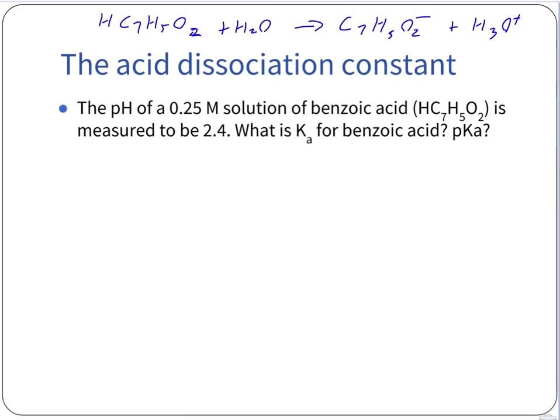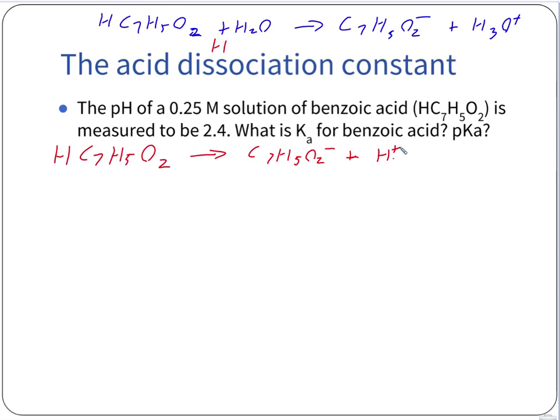So if we did that, this basically turns into HC7H5O2 yields C7H5O2 minus plus H plus, right up there.